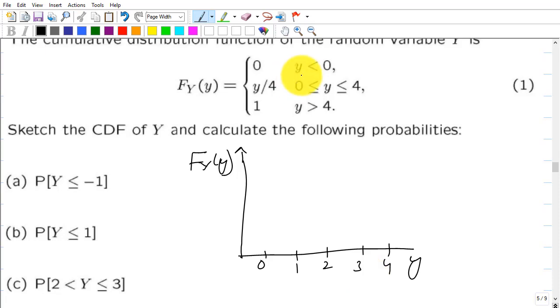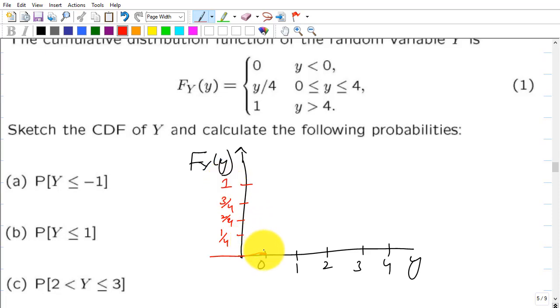So it is 0 before 0, and from 0 to 4 it is defined as y over 4. At 0 it would be 0, and at y equal to 1 it would be 1 by 4. Here it is 1 by 4, 2 by 4, 3 by 4, and 4 by 4, which is 1.